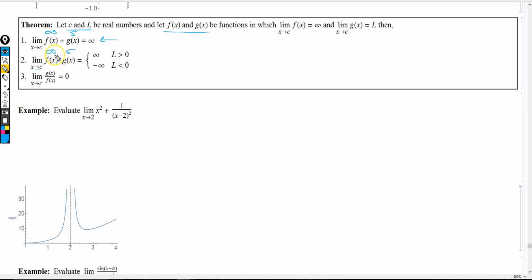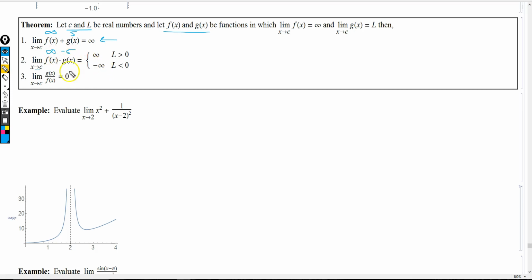In other words, 5 times infinity is infinity. If, on the other hand, g were approaching a negative number, such as negative 5, then negative 5 times infinity would be a really, really large negative number. So negative 5 times infinity is negative infinity.